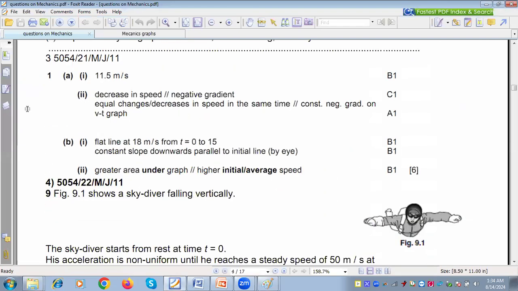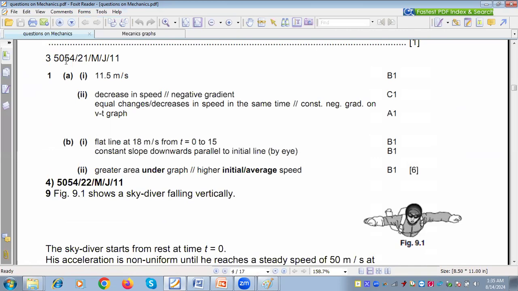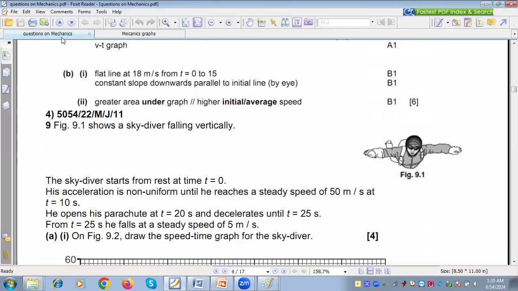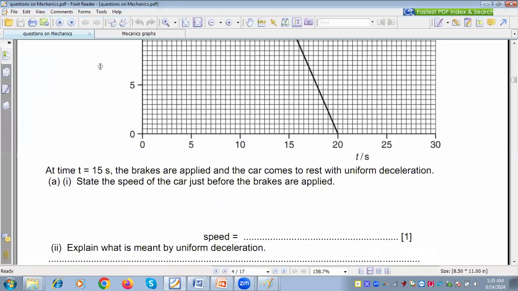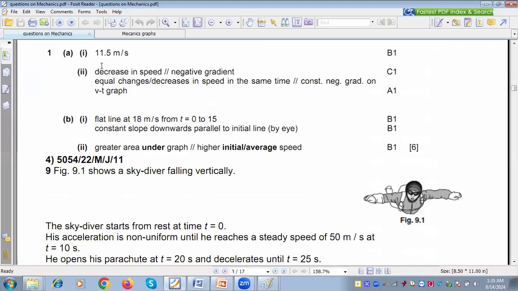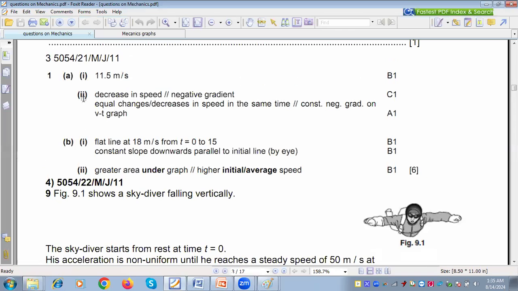Now next question, 5054 21 variant, May June 2011. This is the marking scheme actually, of the previous question, that is 11.5, where we just discussed decrease in speed, that is negative gradient, equal changes or decrease in speed in the same time.